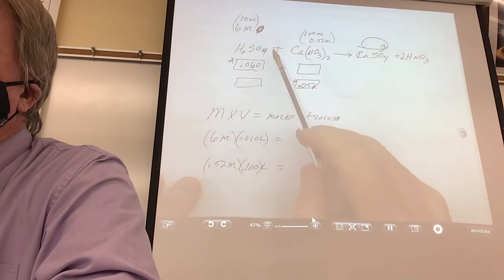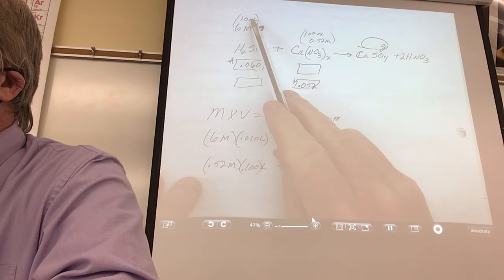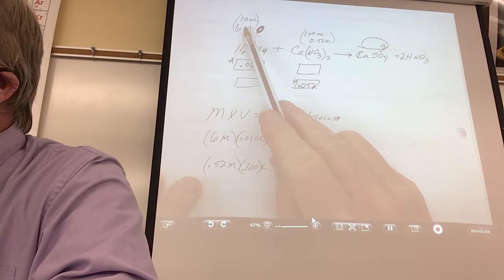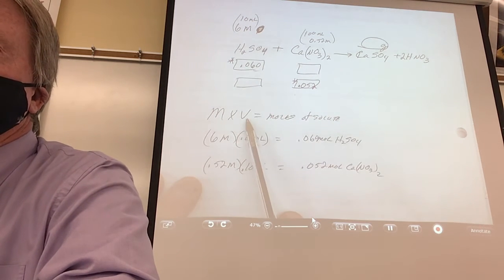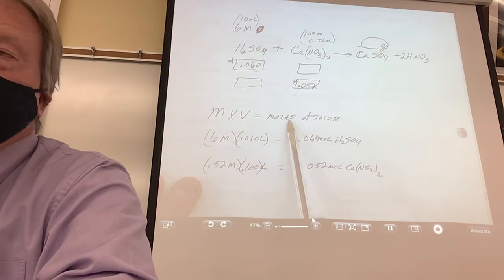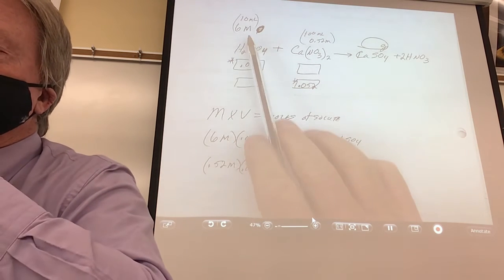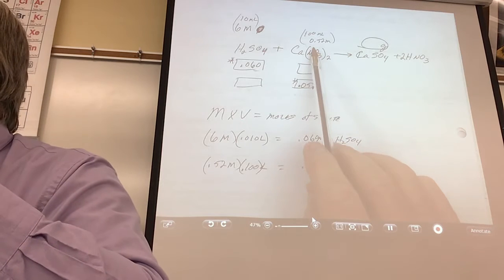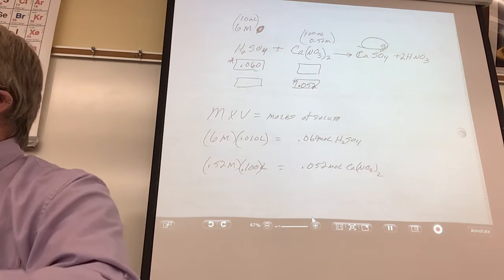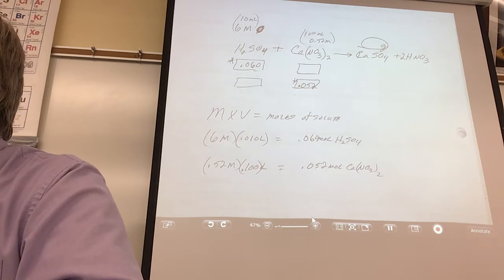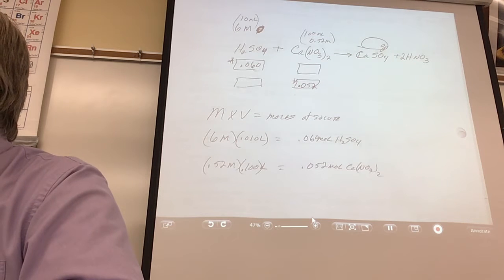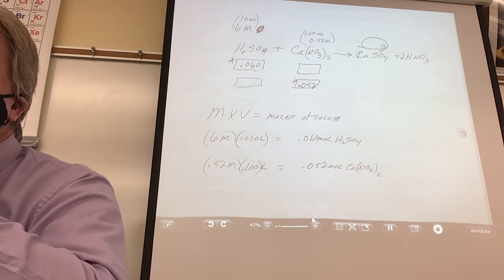And then I know that when you give me volume and molarity, what does volume times molarity give you? See that? That means you're giving me the number of moles of this and the number of moles of that. That automatically sets off an alarm and says, this is a limiting reactant problem. Notice I have 2 rows of boxes there ready for me.